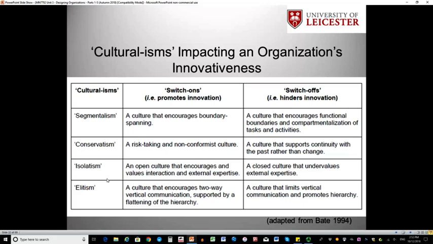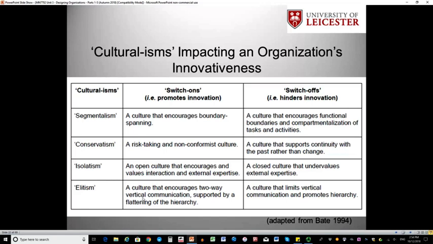In relation to isolationism, we see that open cultures that encourage interaction with people from outside and different parts of the organisation are more likely to encourage innovation, and those that promote isolationism, a closed culture, and therefore undervalue external expertise, are more likely to hinder innovation.